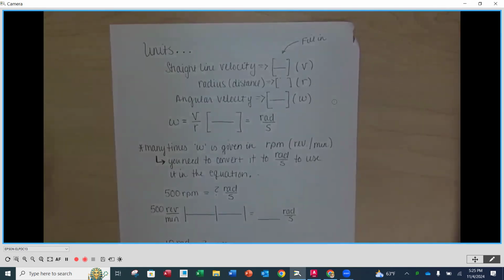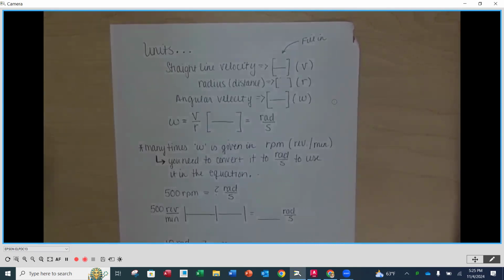If you know what the units are that you're expecting to get at the end of a problem, and you end up with them, it means that you set everything up properly, because if you cancel out those units throughout the problem and you end up with the correct units, you know you set it up correctly, and 99% of a problem is set up, okay? You should get the right answer or very close to it if you put all the numbers in place, but getting the final units to work out and cancel properly, you will have confidence in how you set it up. So I emphasize units, okay?